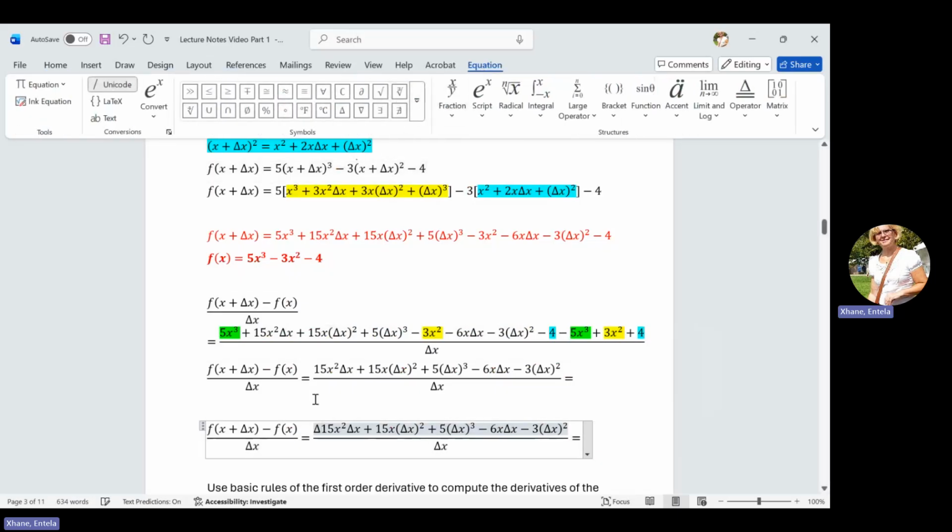If there is only one delta x, that means I'm going to eliminate it. So the first term has only one delta x, that is gone. The second term has two of them because of the square. So one of them is eliminated, but there's still one remaining. The third term has three of them. One is eliminated.